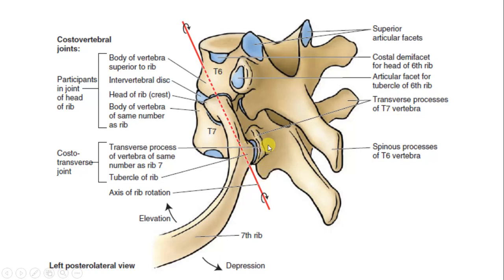So we can understand it. And here are the other facets for the articulation, the superior articular facet for the vertebra. Here the vertebrae are articulating with each other. Through this intervertebral foramen, the nerve comes out. This is the vertebral foramen.